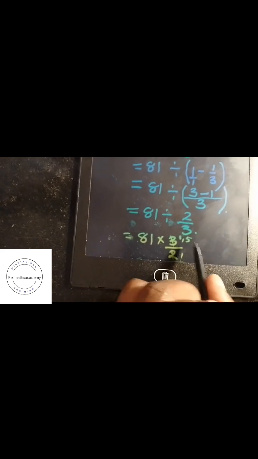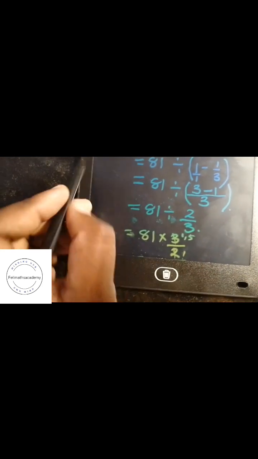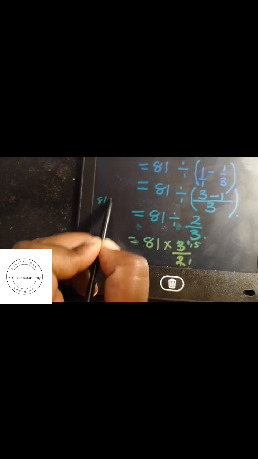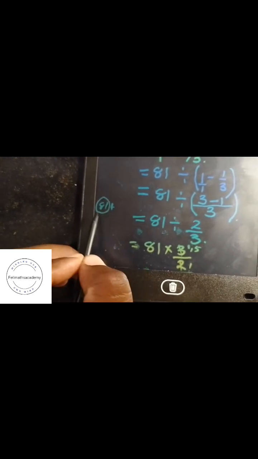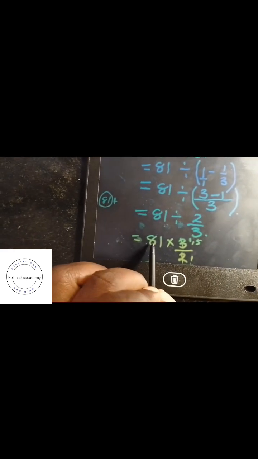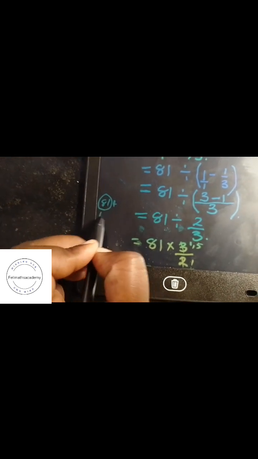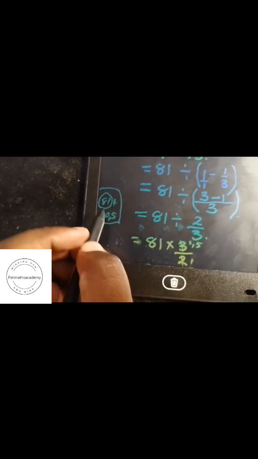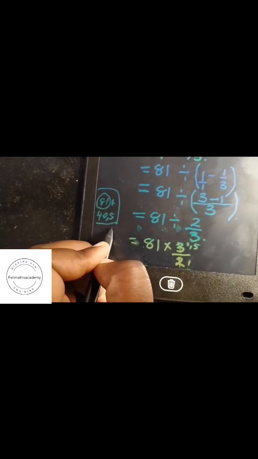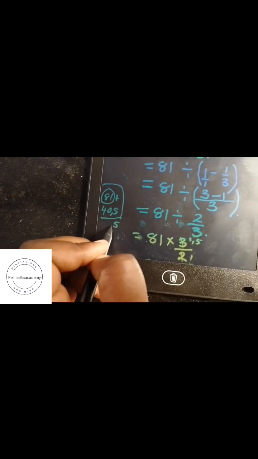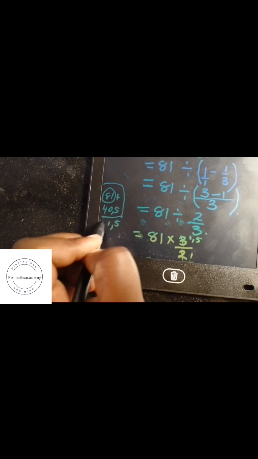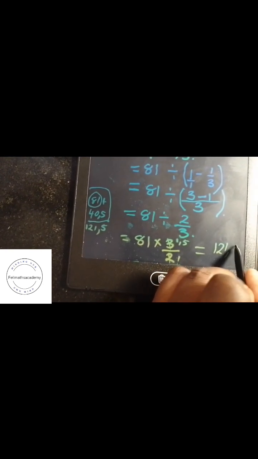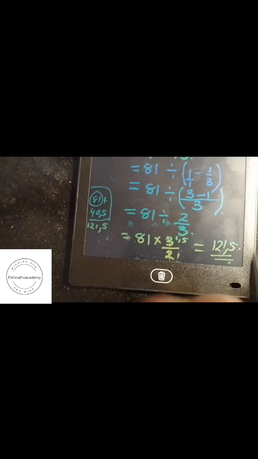Then 81 times 1.5 is just the same as 81 times 1 plus 81 times 0.5, which is 81 plus half of 81. Half of 81 is 40.5. So 81 plus 40.5 is 121.5. That's our final answer.